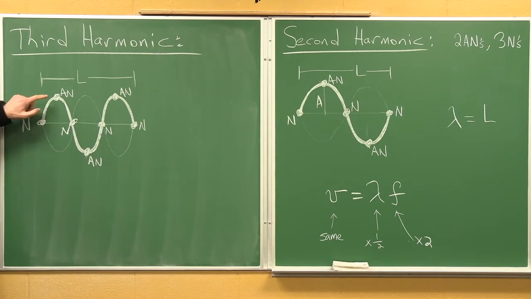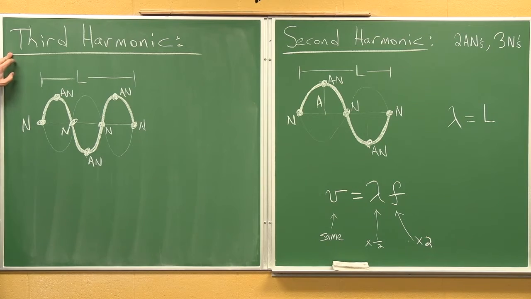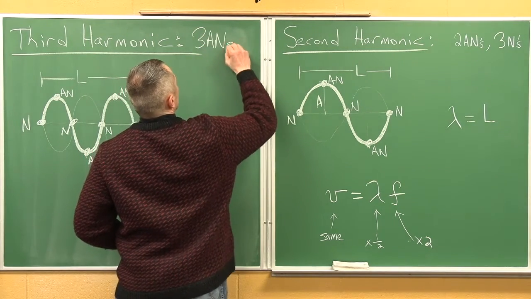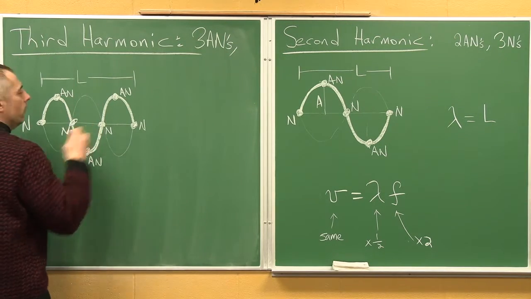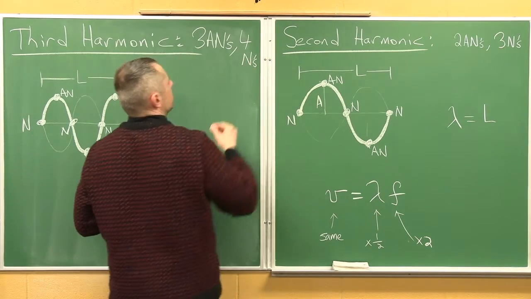Again, whether this is a crest or trough doesn't matter. It's going to be considered the antinode, antinode, antinode. So in the third harmonic, we have 3 antinodes. And in the third harmonic, we have 1, 2, 3, 4 nodes.